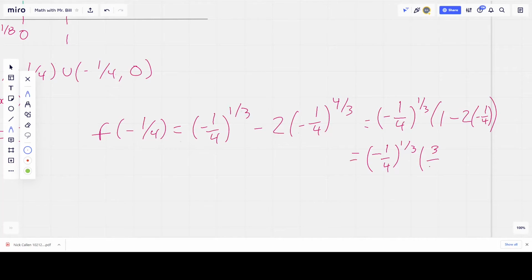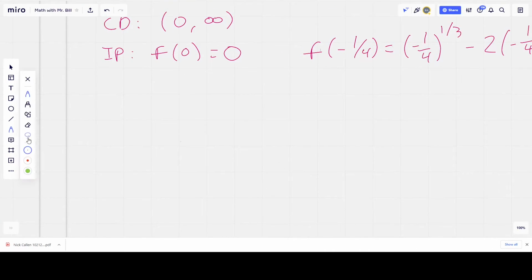So it's going to be 3/2. So our inflection points then are the points 0, 0, and the point negative 1/4, comma, negative 1/4 to the 1/3 times 3/2. Okay, so now we can draw everything out.